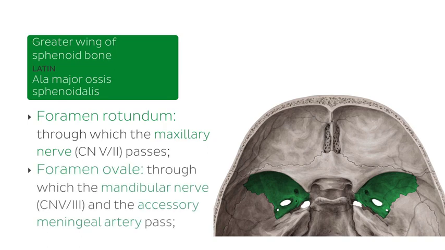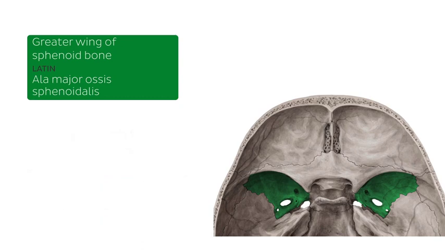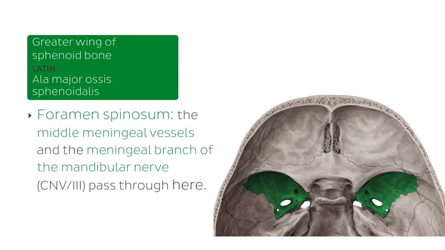There's also the foramen ovale, through which the mandibular nerve and the accessory meningeal artery pass through. And the other one is known as the foramen spinosum. Here, the middle meningeal vessels and also the meningeal branch of the mandibular nerve pass through.